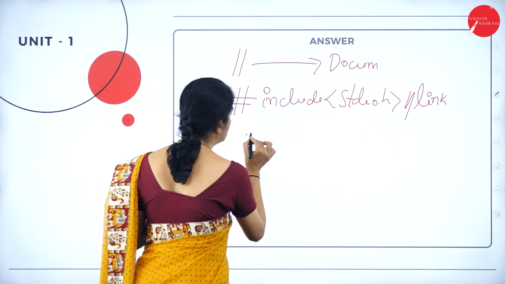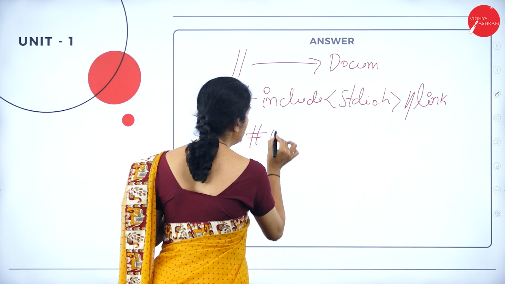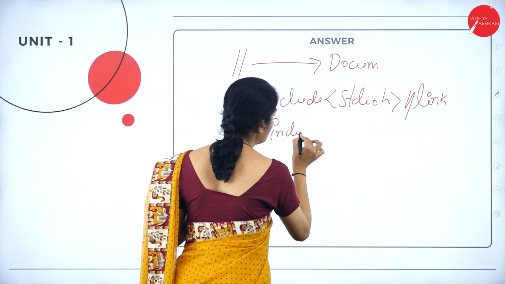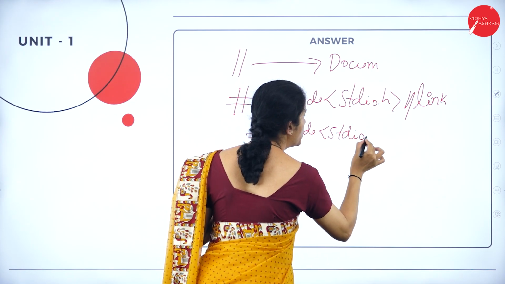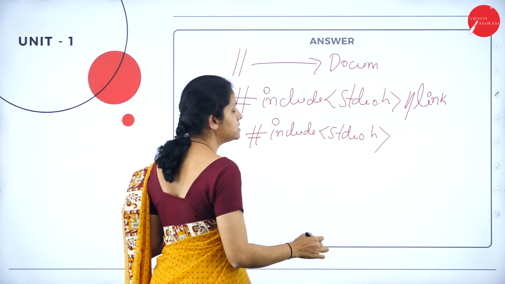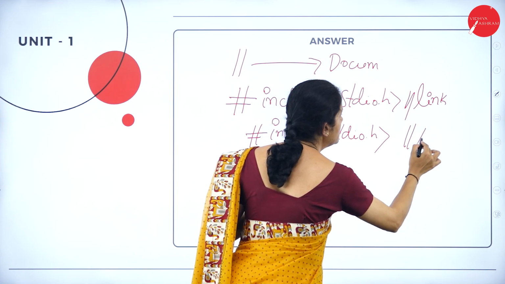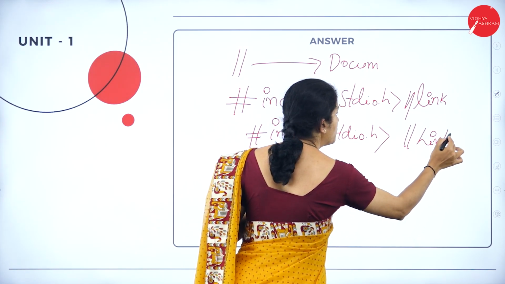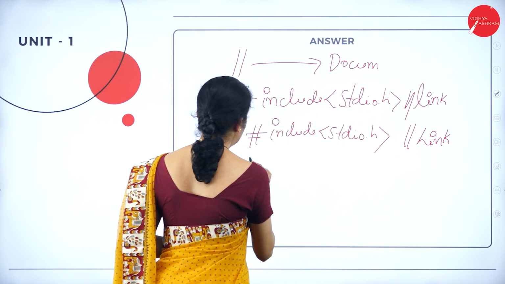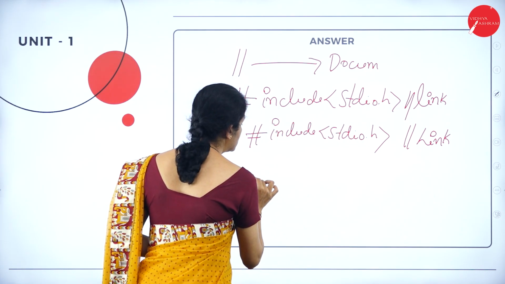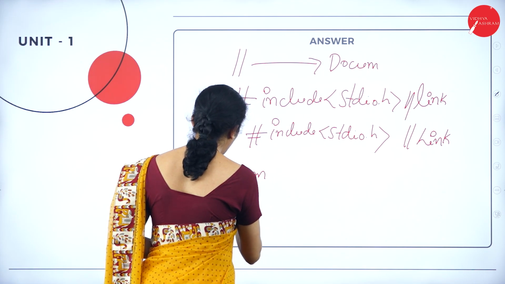So I'll start with hash include stdio.h. So what is this? It is my link section. So I am going to write all the header files in my link section. Then, okay, I'll start with the main program.